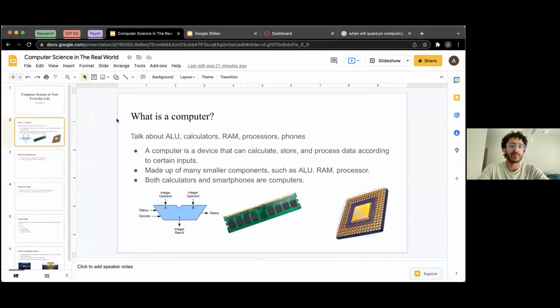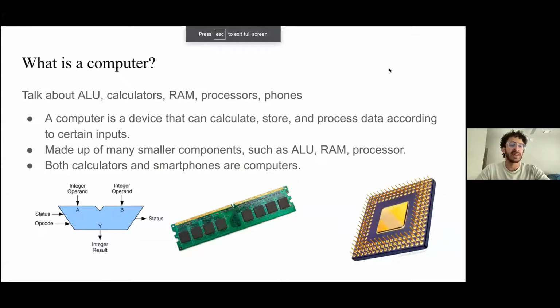So when I talked about the ALU units and when I talked about RAM and microprocessors, that's what I need to understand, and that's what I care about the most, because being able to make these processes go more efficiently will not only allow our future computing to be better, but it will also allow our computing today to operate that much more efficiently.